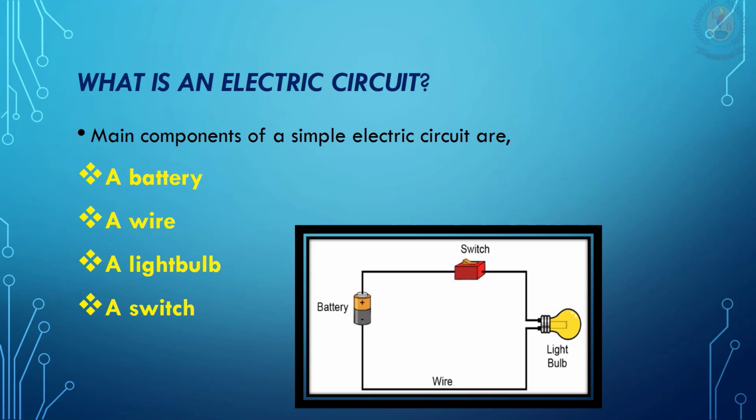What are the main components of a simple electric circuit? Yes, a battery, a wire, a light bulb and a switch. You can see in the picture how these components are connected with each other to make a simple circuit.